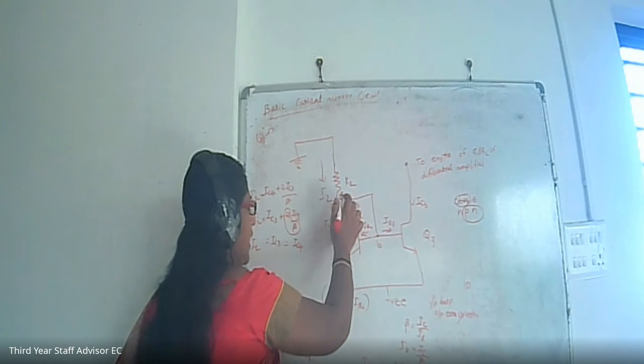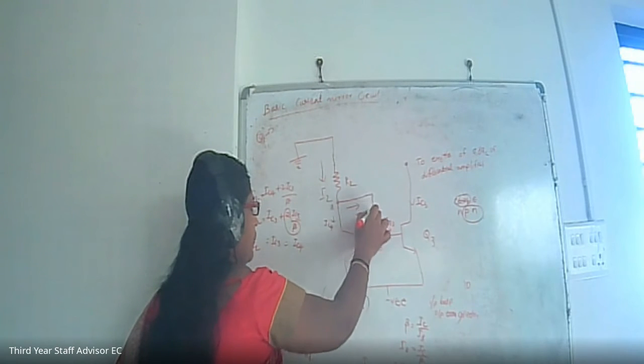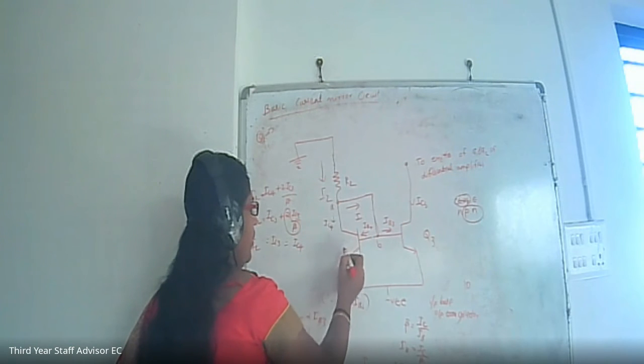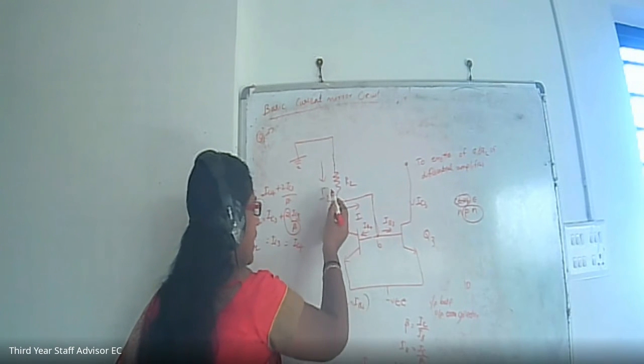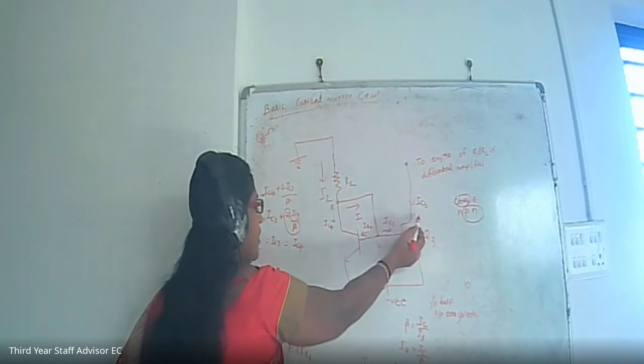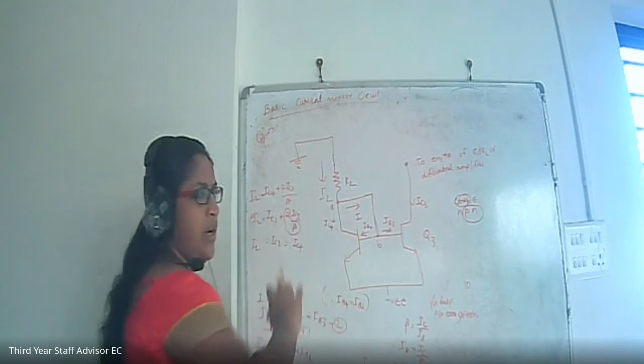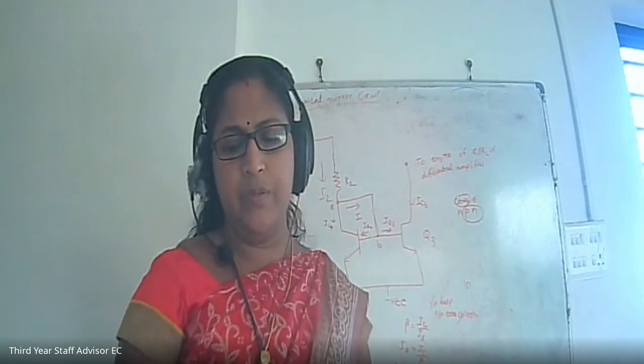Also there is a shorting of the collector and base, so this section acts as a diode. The current flowing through this will be mirrored to this side, so the output current will be the input current. And this is all the derivation for its proof.